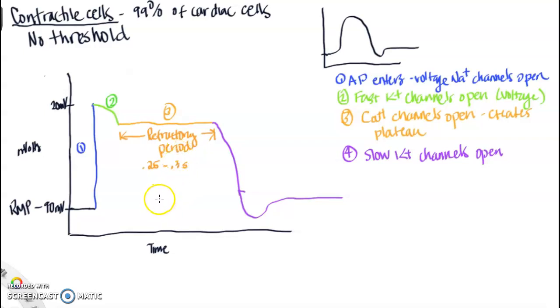You can get a pretty high heart rate, but you should not get a heart rate above about 220 beats per minute. At that point, if it's that high, there's no blood flow. Things kind of stop. That's kind of like fibrillation.